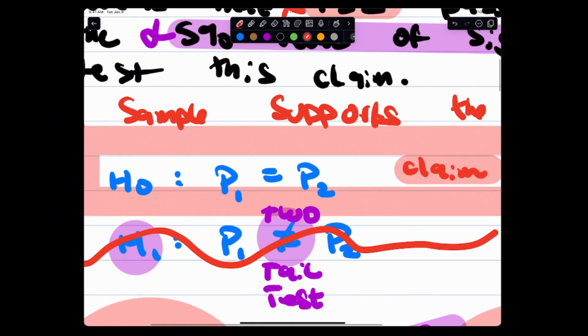You're hugging it. So what this test is saying is that the proportions are in fact equal. Okay, that means the proportions are equal.